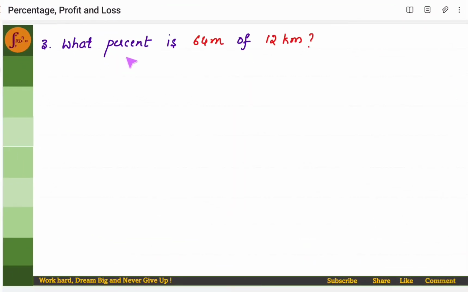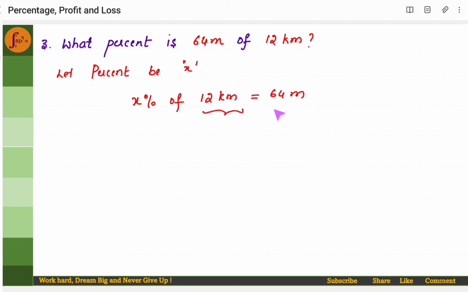Now, a similar problem. What percent is 64 meters of 12 kilometers? We'll assume that percent is x. That is, x percent of 12 kilometers is 64 meters. Like I said, we cannot have two different units.